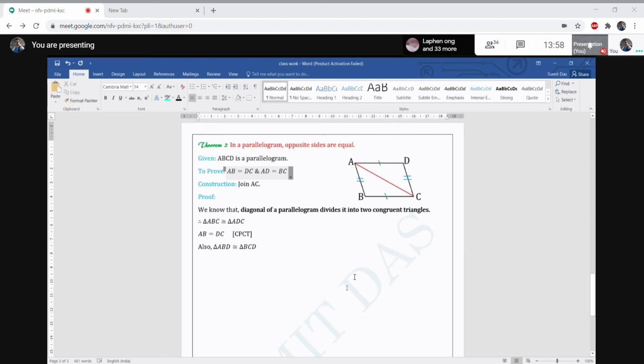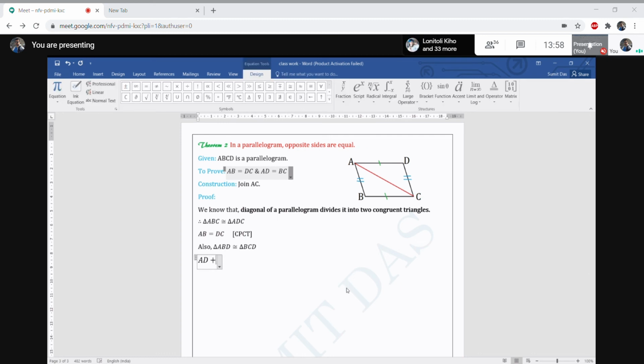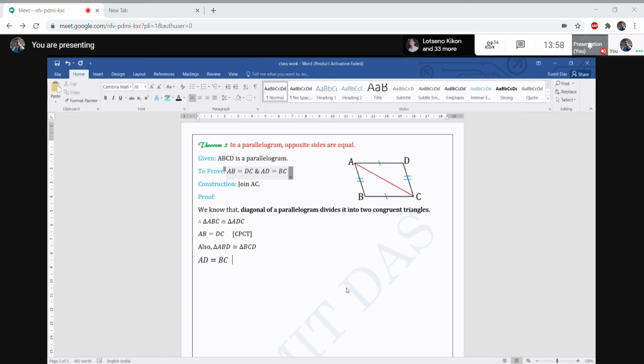That means there also we can write AD equal to BC by CPCT. Okay, fine. So hence proved.